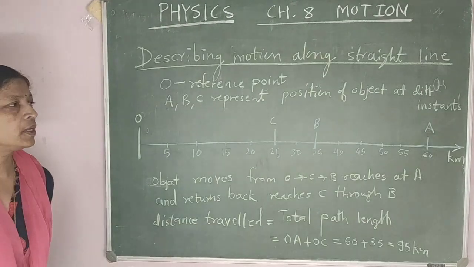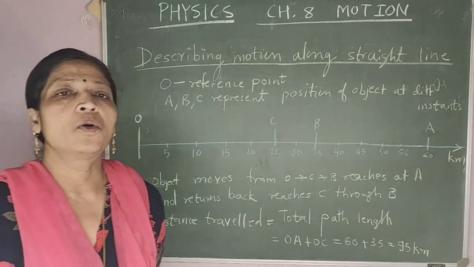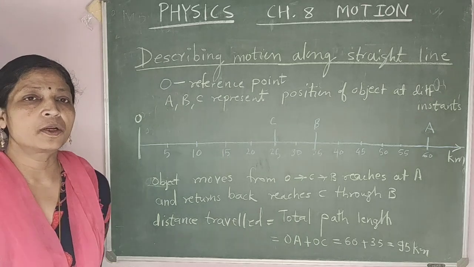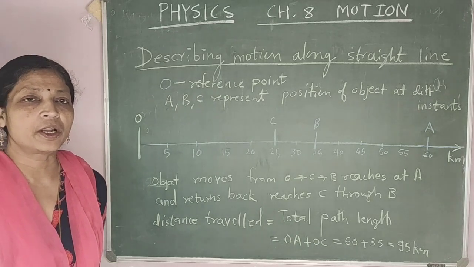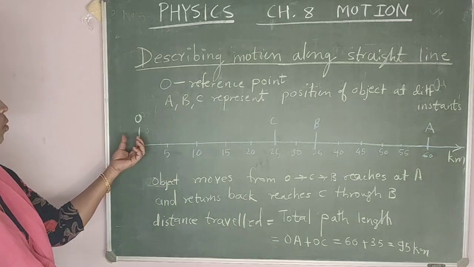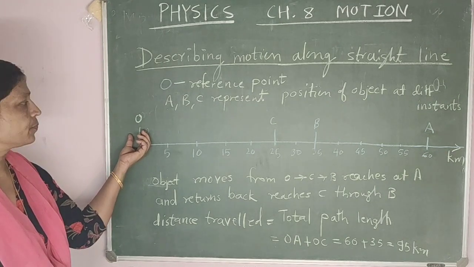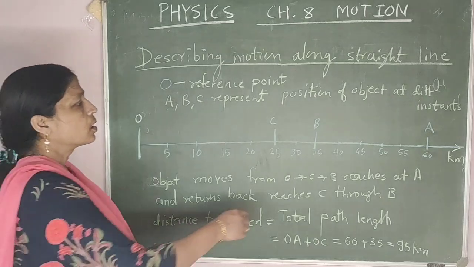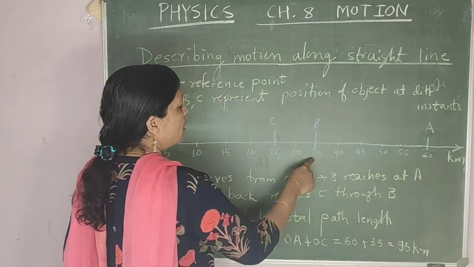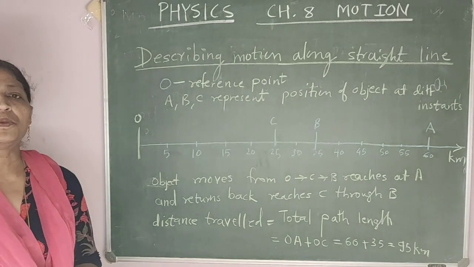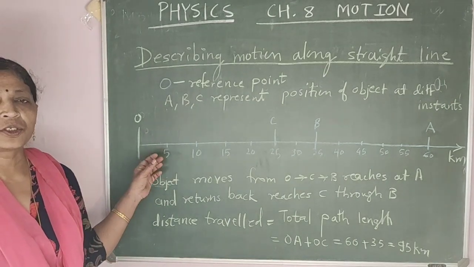Now we are describing the motion of an object along a straight line. For this we have taken an object which is moving along a straight line, and here O is a reference point or the origin. A, B and C are the different positions of the object at different instants of time.